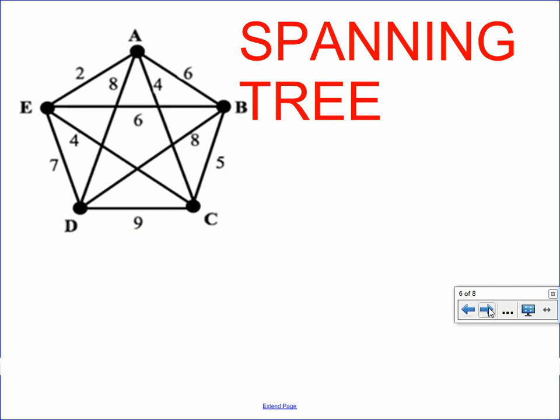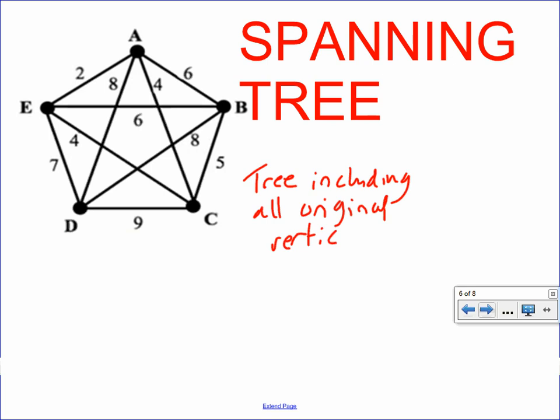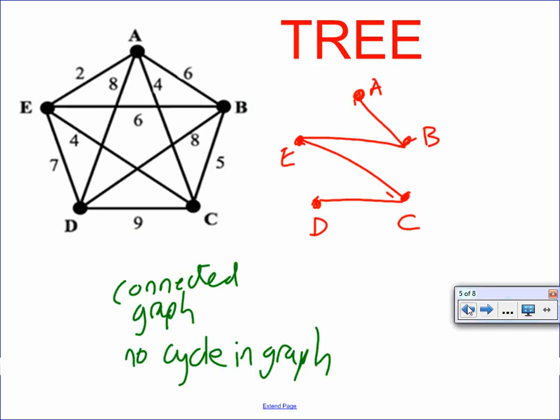Now actually, what you drew there was also a spanning tree, because a spanning tree is a tree which includes all the original vertices. Sometimes this muddles students, because if you look back at our other one, they say, well, hang on a minute, we had to do everything, because we included everything on this one.